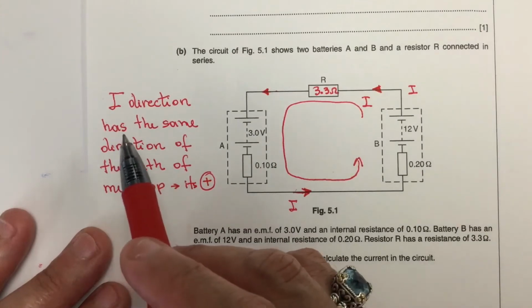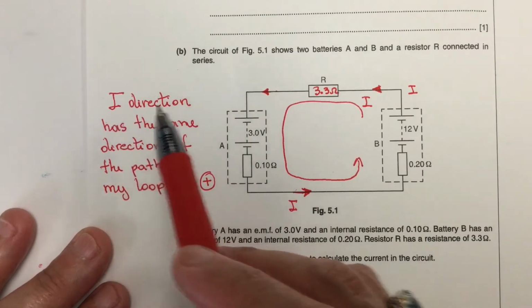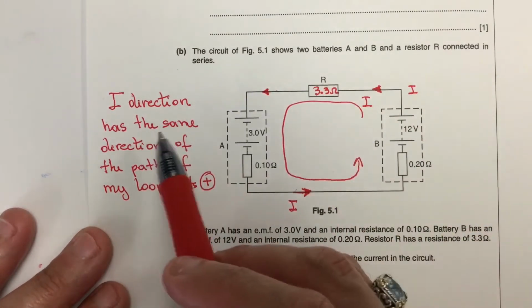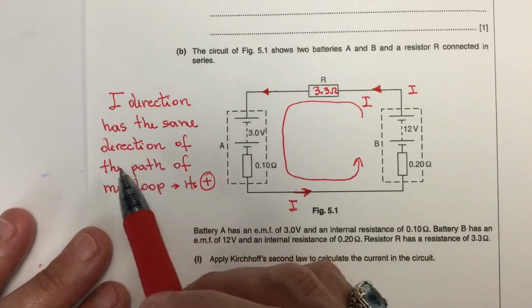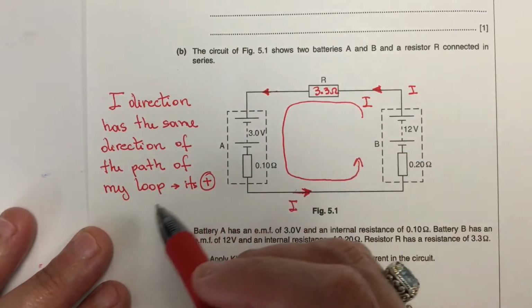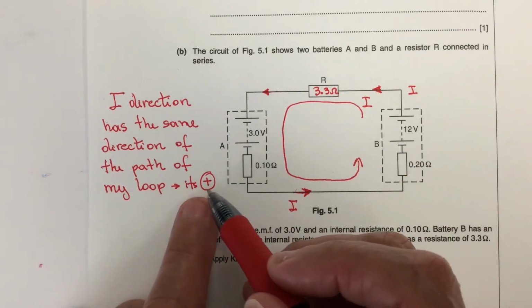The general rule is that if the current flowing in the circuit has the same direction as the path of the loop that I choose, then the PD is positive.